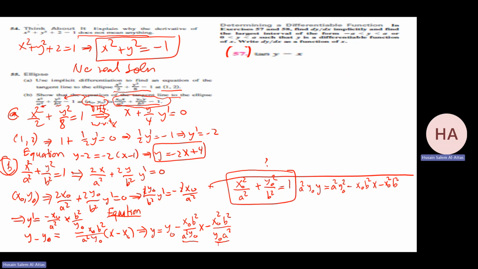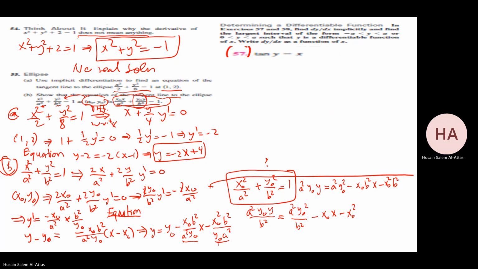So I'm having what? I will divide by b squared. If I divide by b squared, what will I get? I will get a squared y0 y over b squared, which is this one. This is what I'm looking for. Equal a squared y0 squared over b squared minus x0 x minus x0 squared.